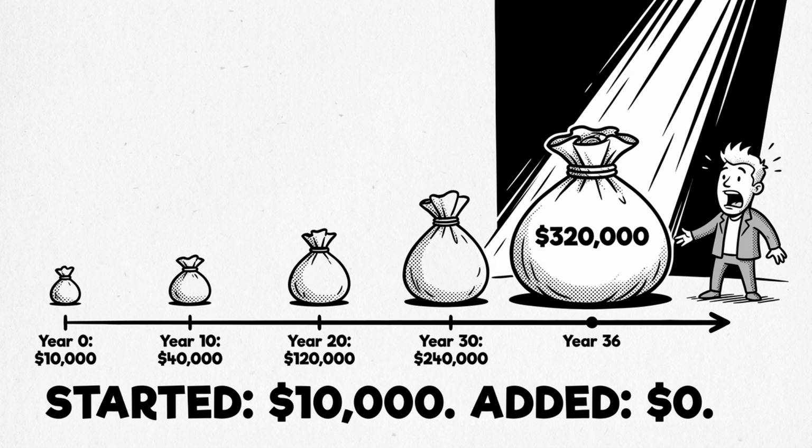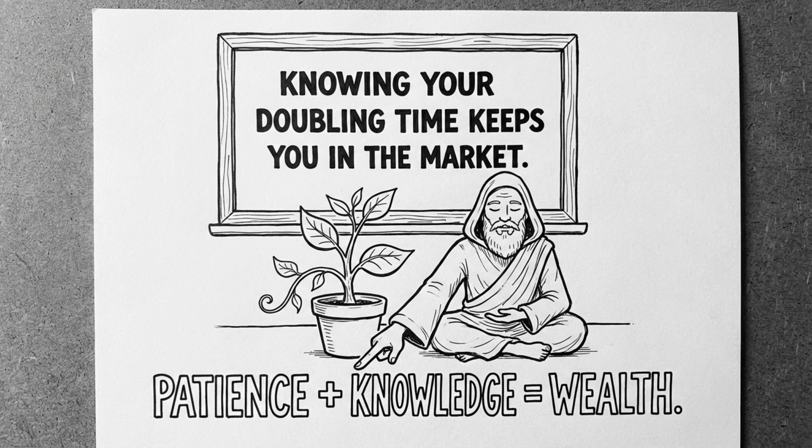Here's the part that most people don't think about. The Rule of 72 is completely neutral. It doesn't care if the compound interest is working for you or against you. It just calculates doubling time. And what happens when you apply it to debt? A credit card at 20% interest, 72 divided by 20 equals 3.6 years. Your debt doubles every 3.5 years.